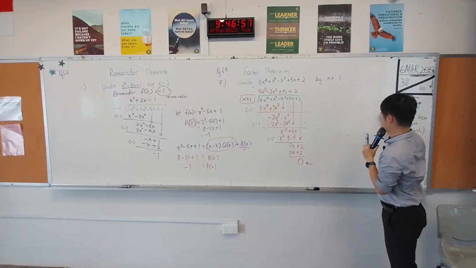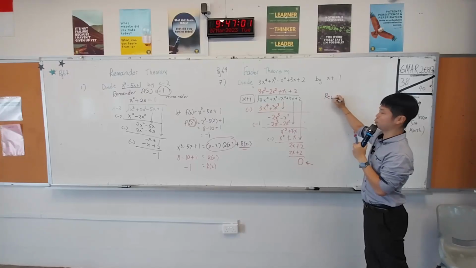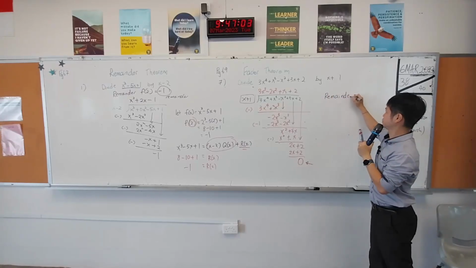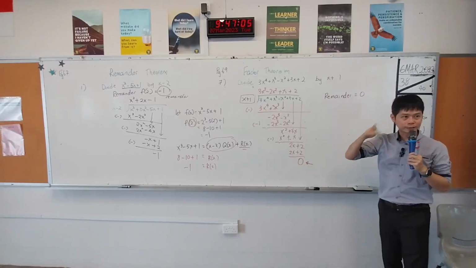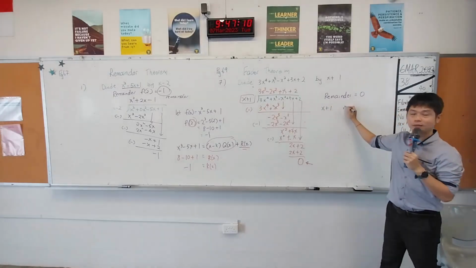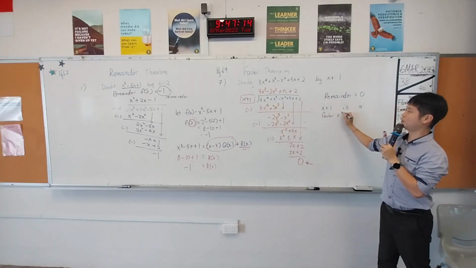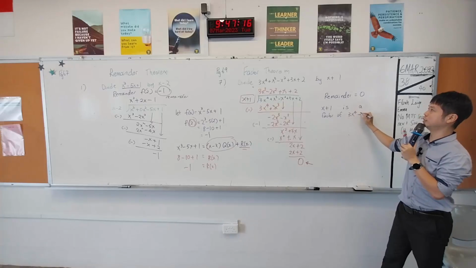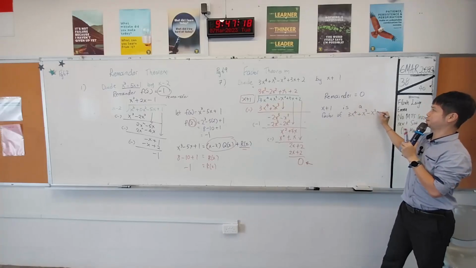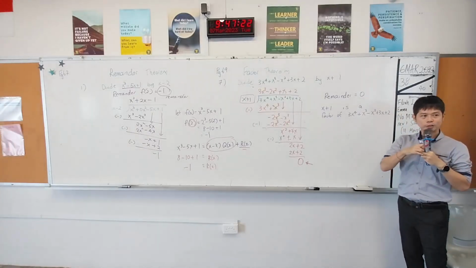the expression there. So let's summarize. When the remainder equals 0, it means that x plus 1 is a factor of this expression. Why?